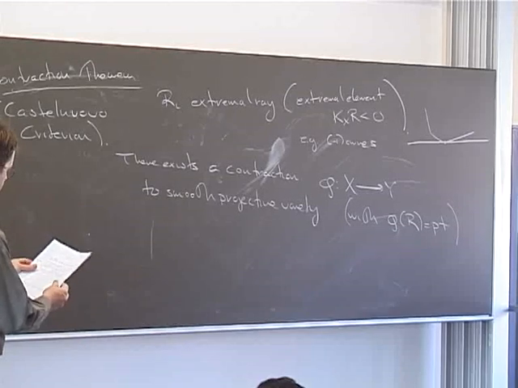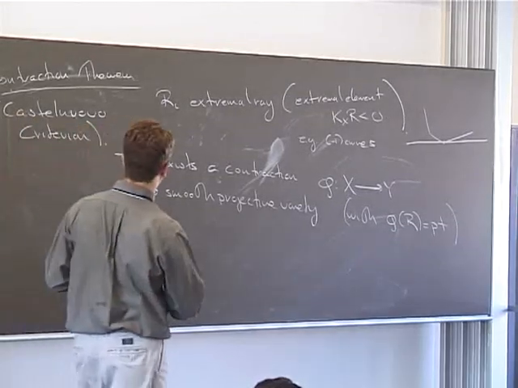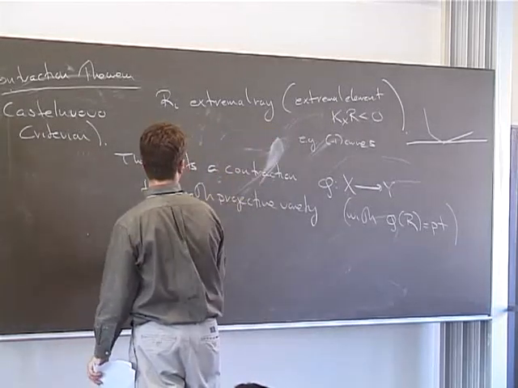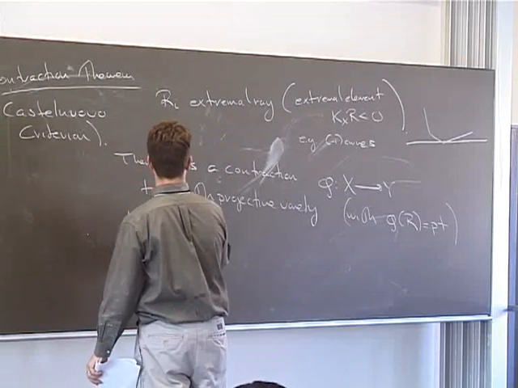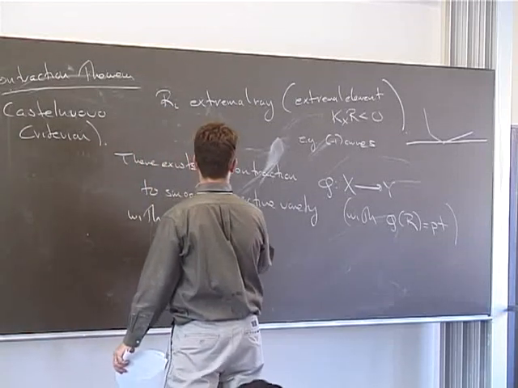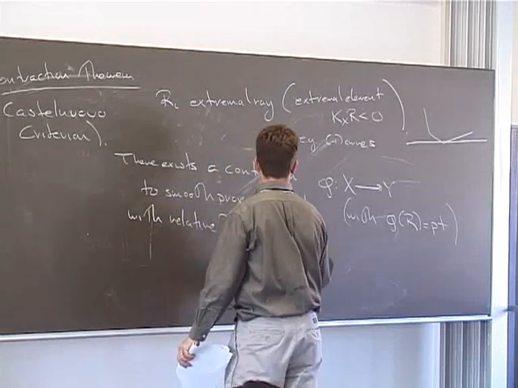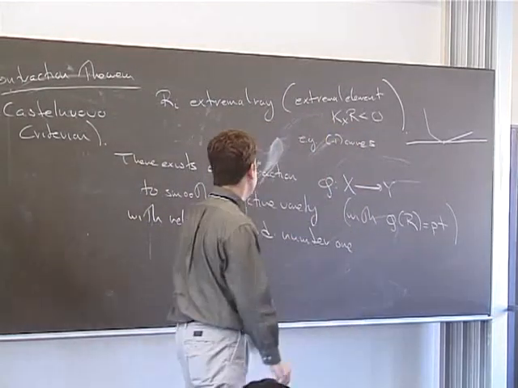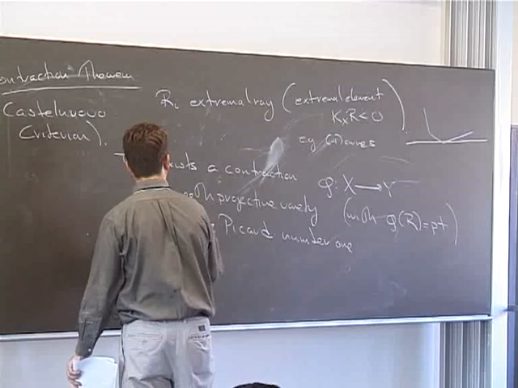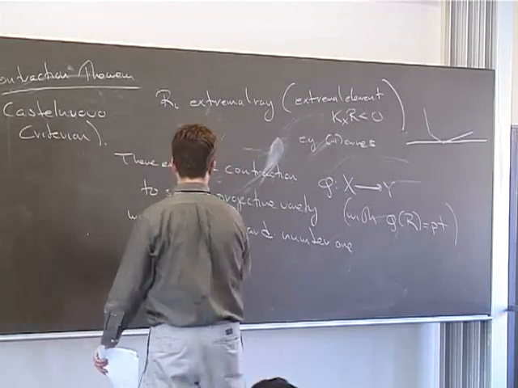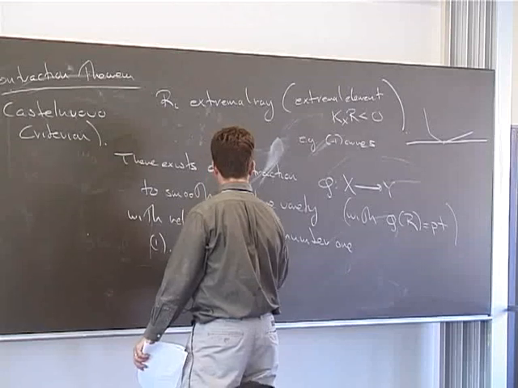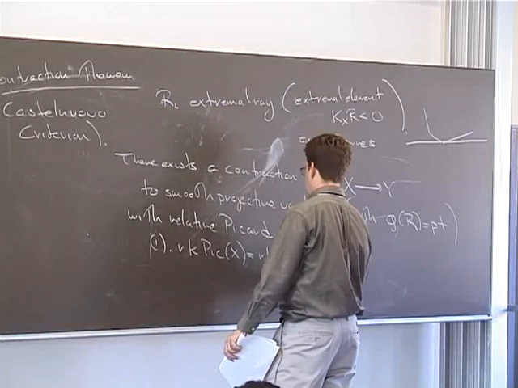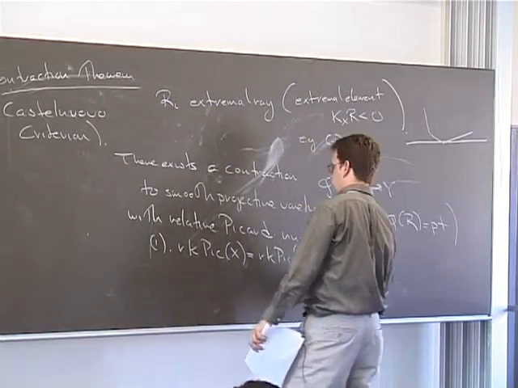So let me spell out precisely what this means. This contraction has relative Picard number 1. There's two ways of thinking about this. One way of saying this is that the rank of the Picard group of X is equal to the rank of the Picard group of Y plus 1.